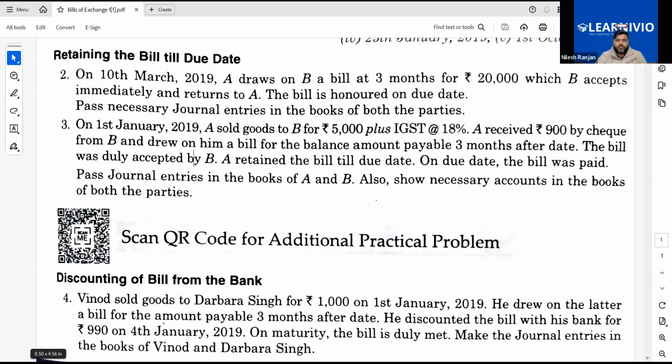In every case, the first entry will be for acceptance of bill by drawer, right? For acceptance of bill from drawer. Yes, the first entry is always the same. So it will be bills receivable account debit to drawer account, right?